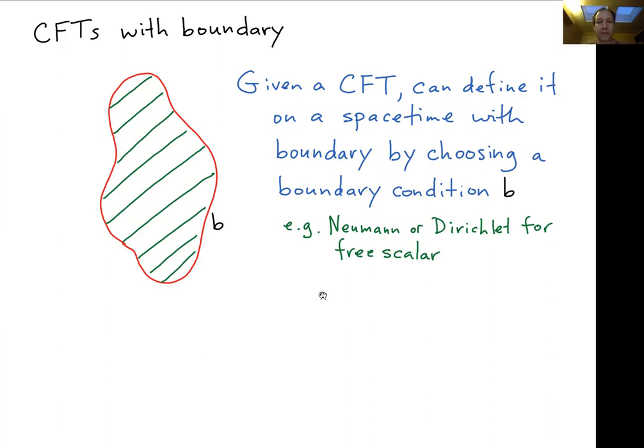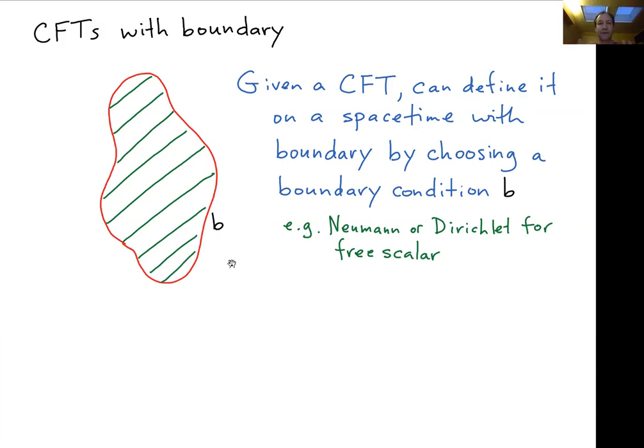But in more complicated situations with a lot of degrees of freedom, there are typically many possible choices of what can happen at the boundary. In general, some of the boundary conditions that you can choose would preserve the conformal invariance of your theory.